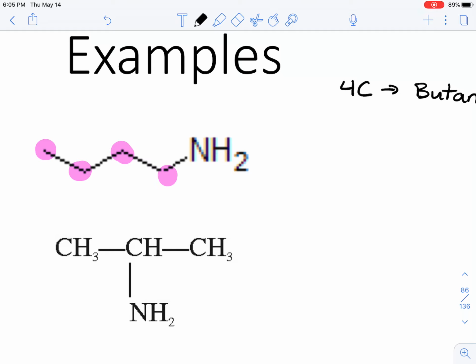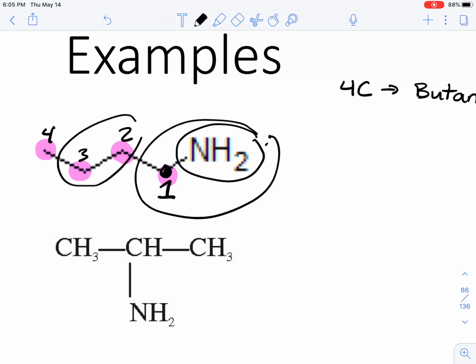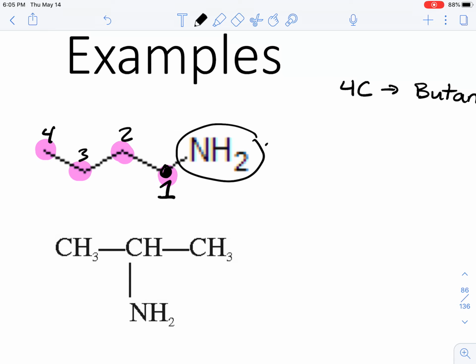Since the carbon with the amine is this carbon right here that I circled in black, this is going to be carbon number 1, carbon number 2, carbon number 3, carbon number 4. And since these amines can be found either terminal or embedded within the structure, we need to tell the reader what carbon number that amine is covalently bonded to.